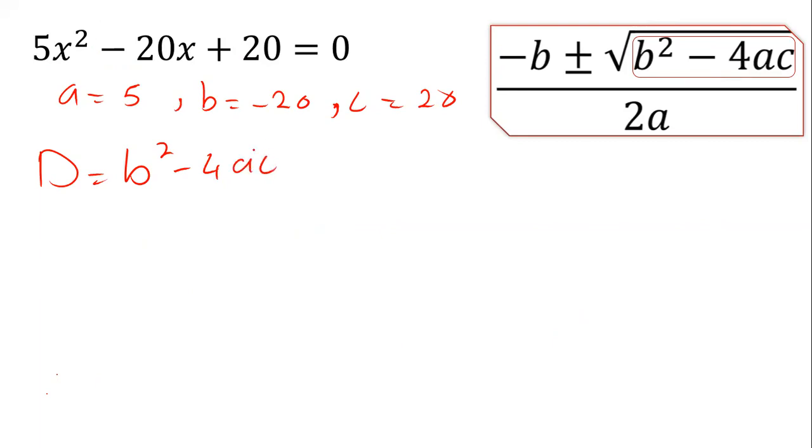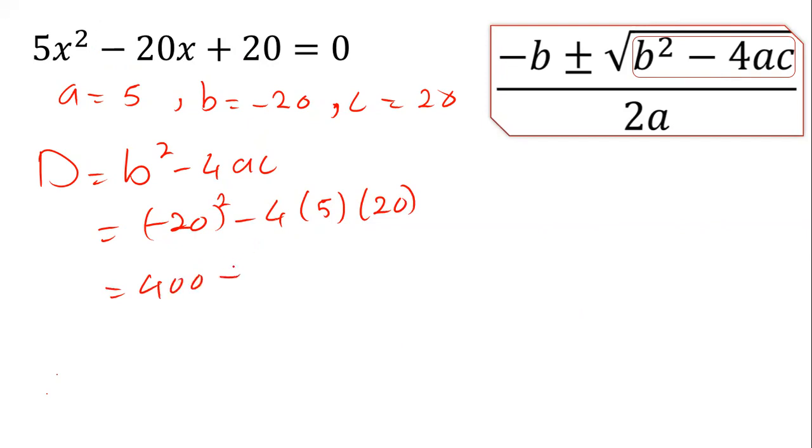So direct substitution: negative 20 squared minus 4 times 5 times 20. Negative 20 squared is 400. And 4 times 5 is 20, and 20 times 20 is 400. So the discriminant is equal to 0.